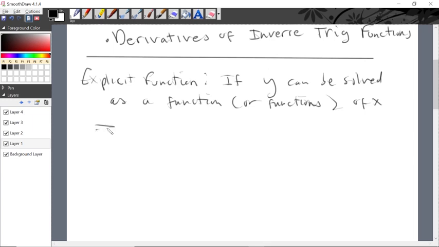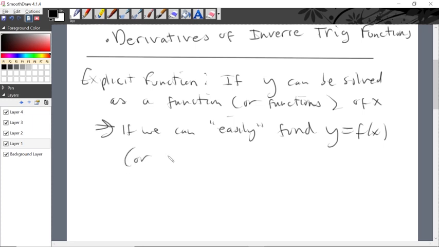Maybe another way to say that is, if we can easily find y is equal to f of x, by using algebra to find y as a function of x.